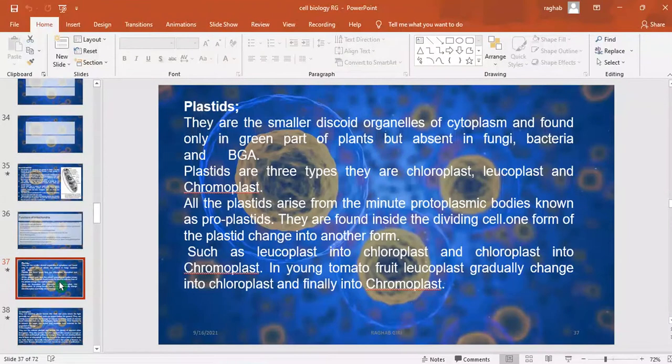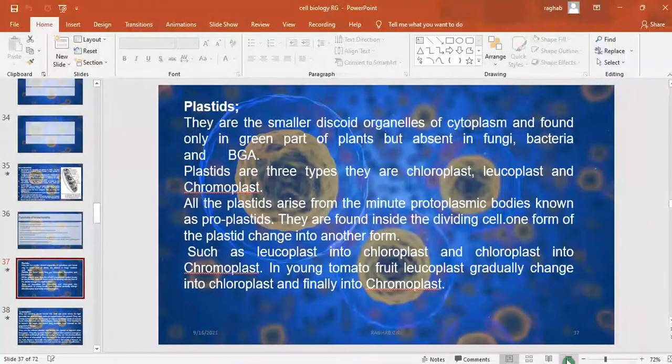So the functions of plastid are to help in storage, to give colorful parts to the plant, as well as to help in photosynthesis. So simply, we're going to make one table over here. There are three types of plastid.